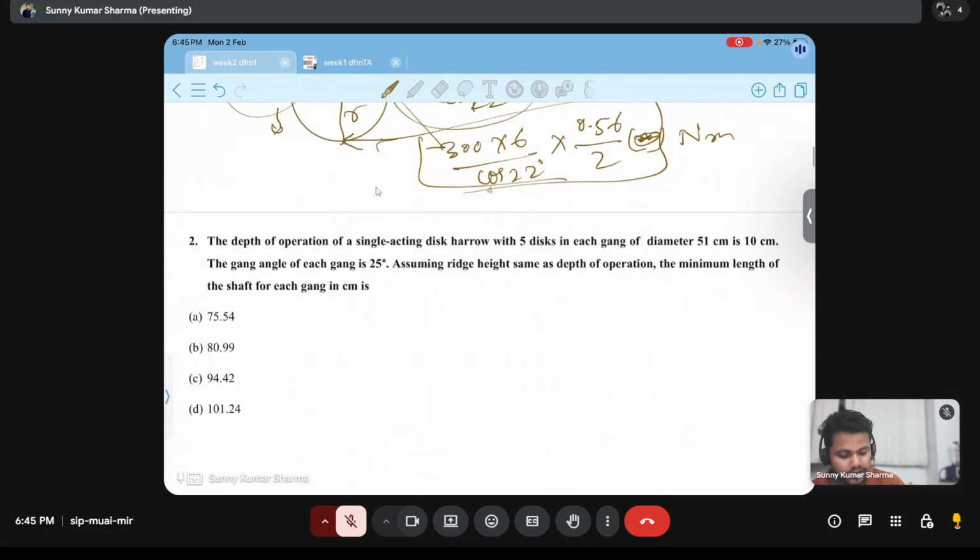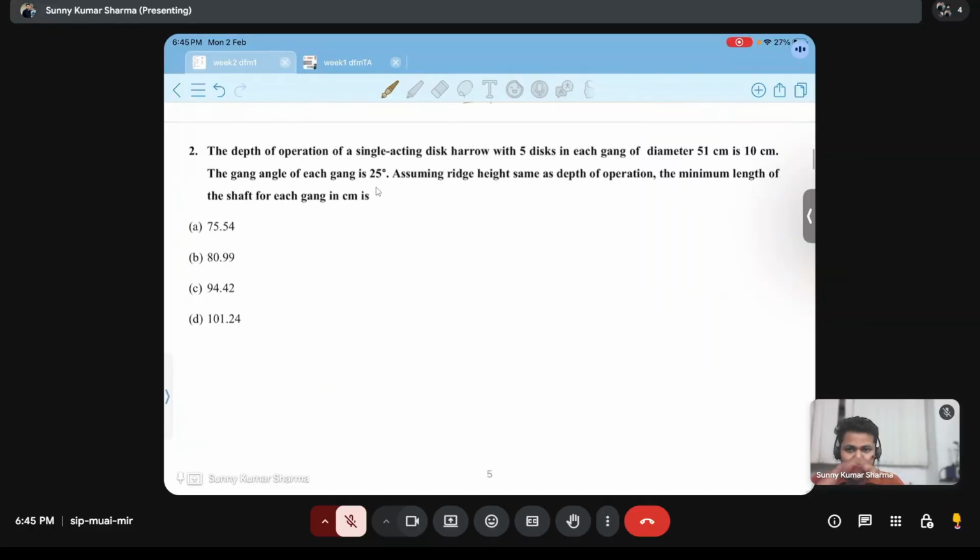Now moving to the second question. The depth of operation of a single acting disc harrow with 5 discs in each gang, 1, 2, 3, 4, 5, of diameter 51 centimeter.